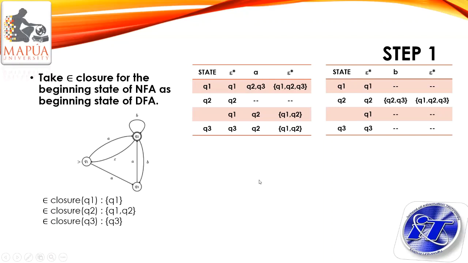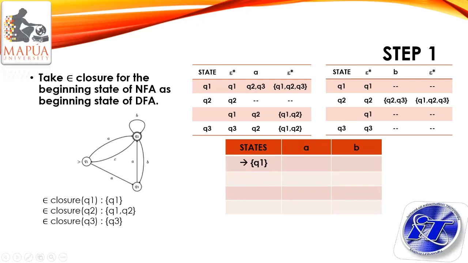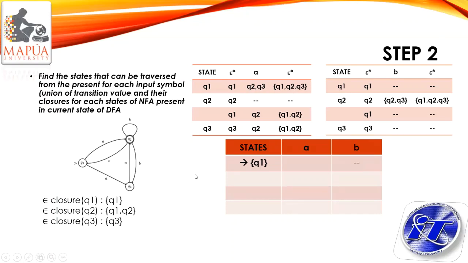Now we are ready for the DFA table. The initial state is Q1. If it's A, based on this table, Q1 will go to Q1, Q2, Q3. And at B, there is no path. Since we have a new state here, Q1, Q2, Q3, we're going to create a path for Q1, Q2, Q3.